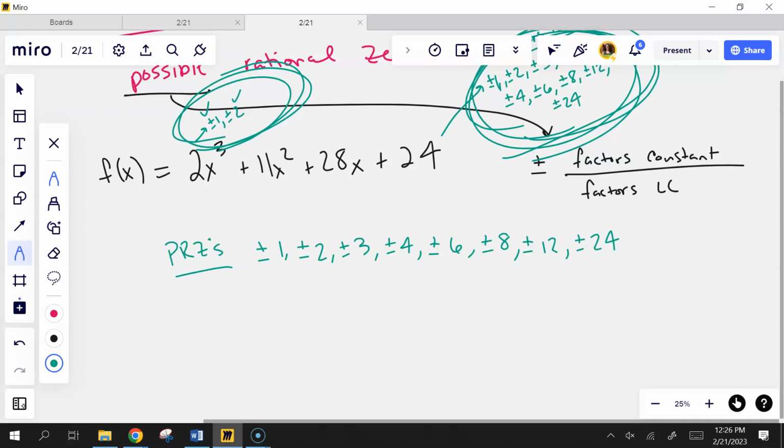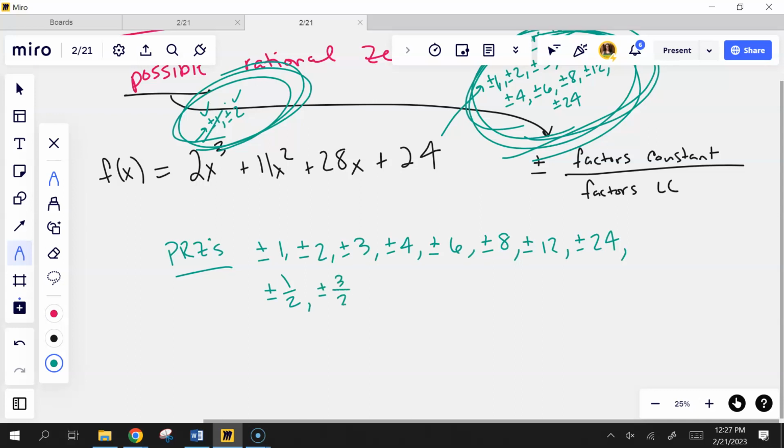Now I take all of these numbers, I've divided them all by 1, now I need to divide them all by 2. 1/2. 2 divided by 2, that's 1, that's already on my list, I don't need to repeat it.